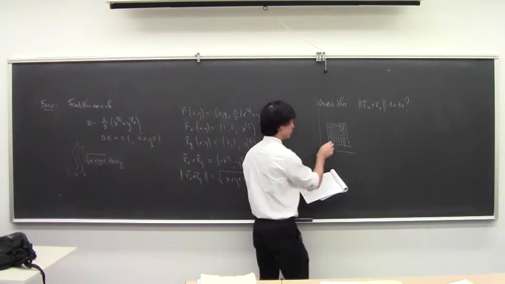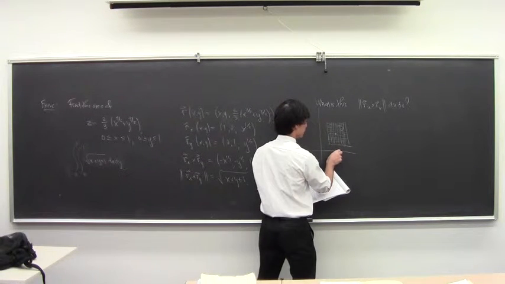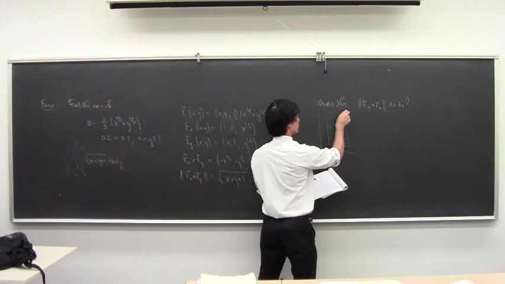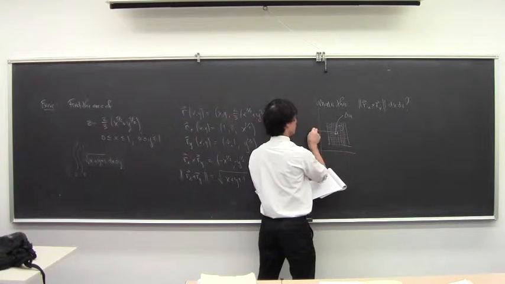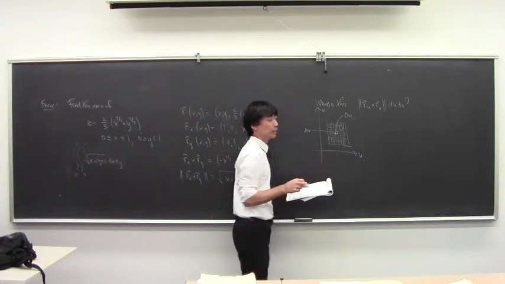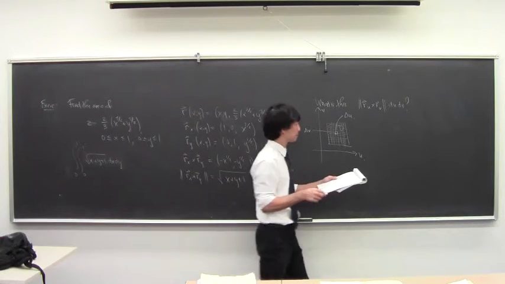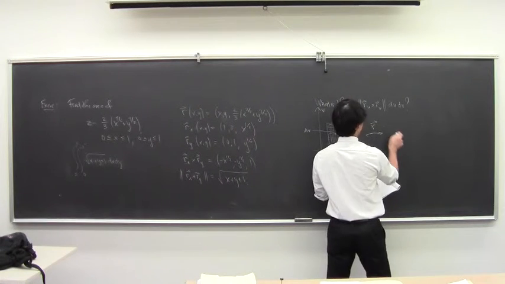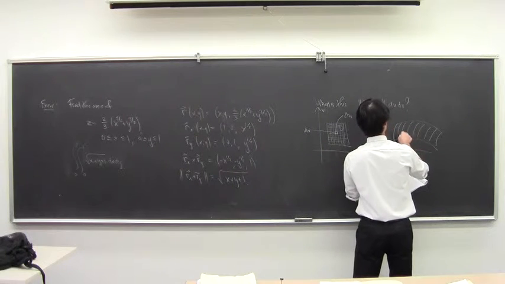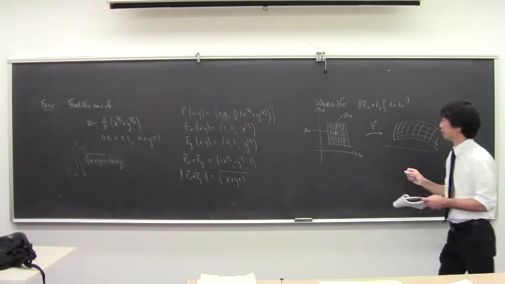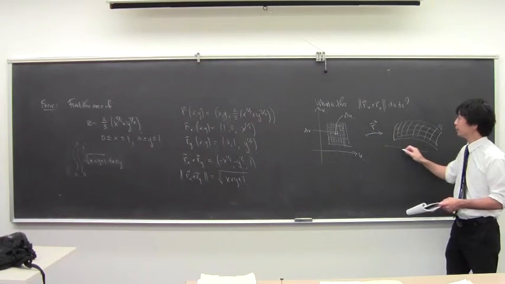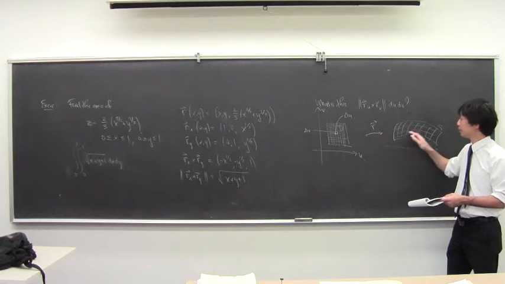You have some point, and then you have this little box here, and the width of the box is delta U. The height of the box is delta V. Just to give you an idea what's going on here, R is the parameterization of this surface S. It takes D to here.